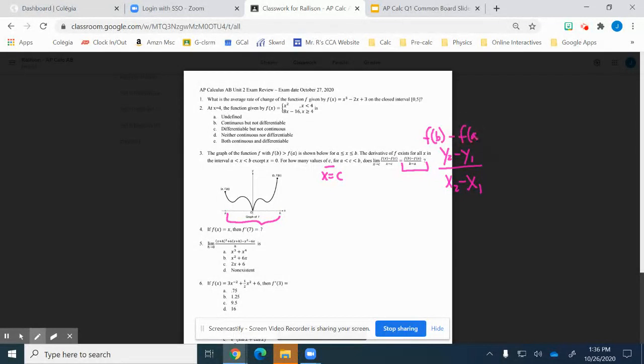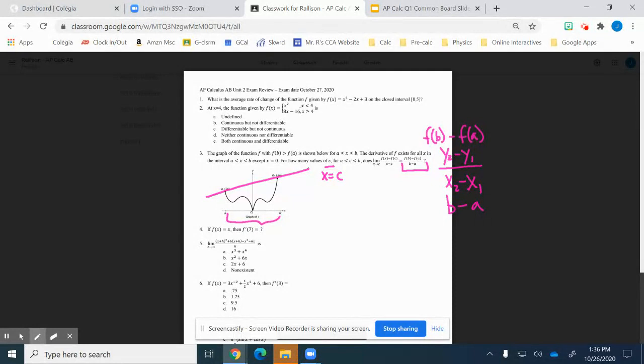Those are your y's, and those are your x's. So the first thing we're looking at is the slope of the line that goes right through here, right? It goes to those points. That's what we just did.